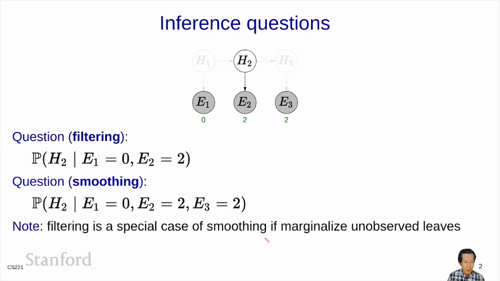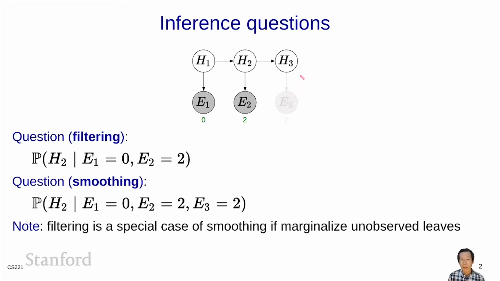Notice that filtering is actually a special case of smoothing if we marginalize unobserved leaves. To show this, suppose we have just this Bayesian network or HMM, and I didn't observe e3. If I didn't observe e3, e3 is just an unobserved leaf, and I can marginalize it out by just removing it.